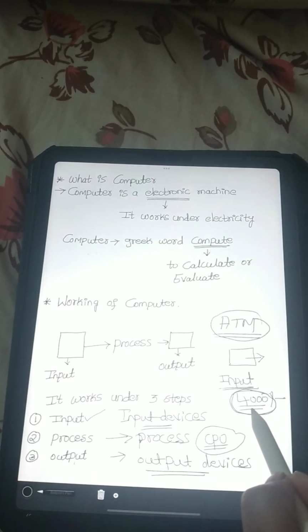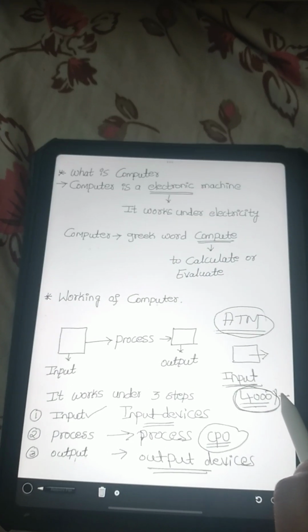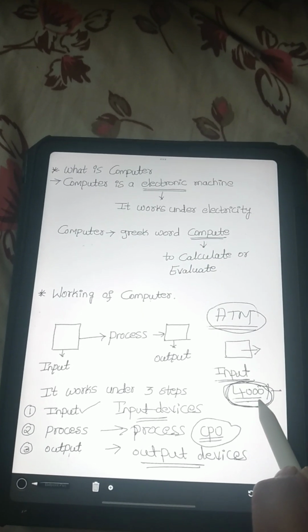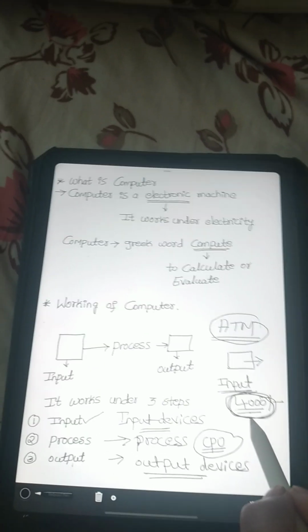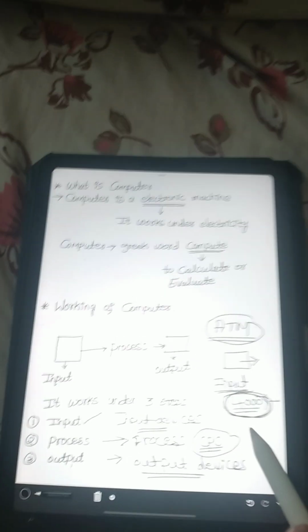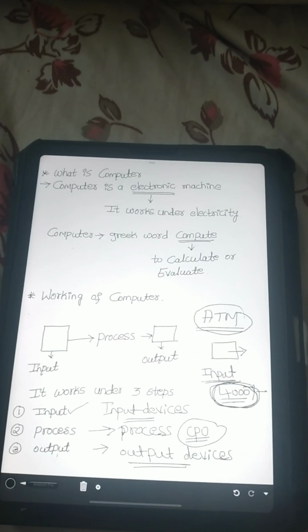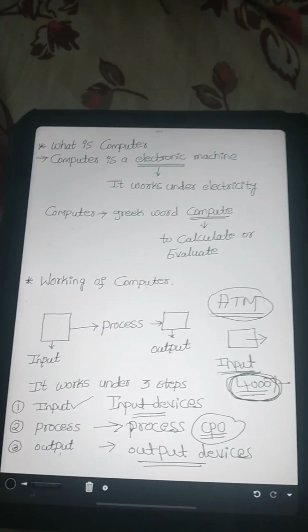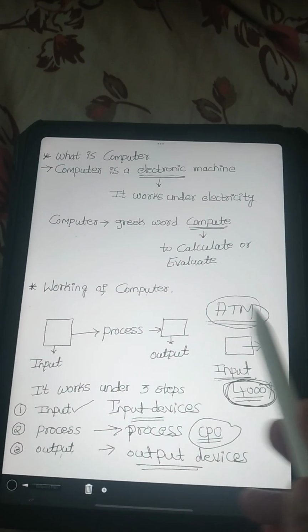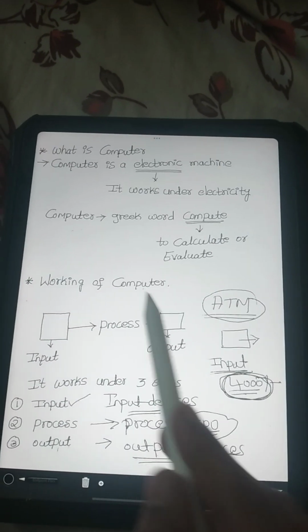If I enter 4,000 rupees, it won't give me 5,000 rupees. It will give exactly 4,000 rupees, because of the processing. After that we get 4,000 rupees from the machine. We take the money from the machine, and that is called the output. So this is the best example we can give for the working of a computer. Thank you.